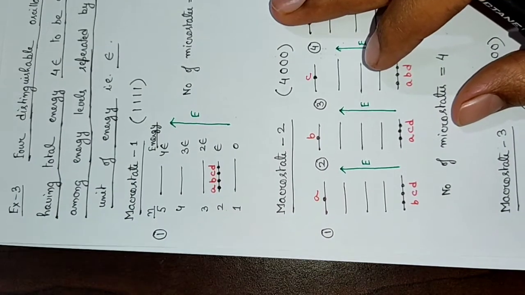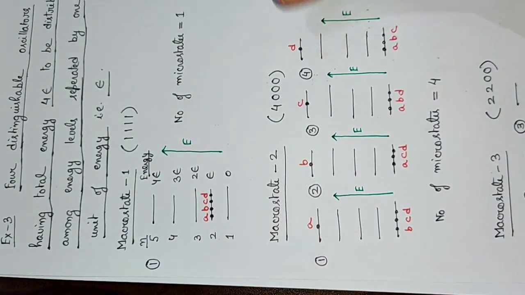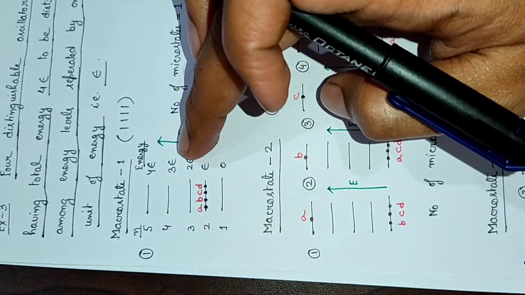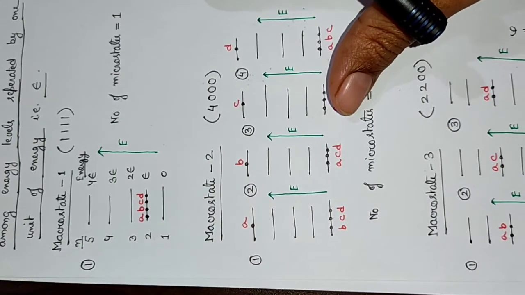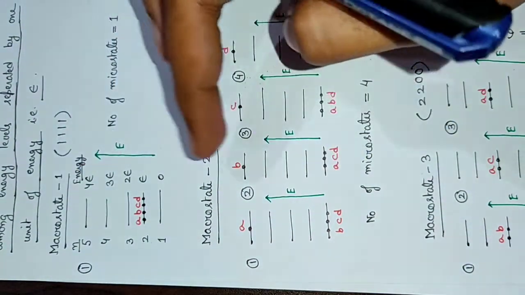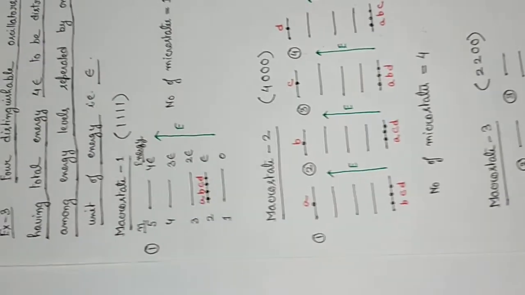Now for macrostate 1, what is happening? It is having only one microstate, so it is the least probable. Macrostate 1 has the least probability and macrostate 4 and 5 have the highest probability, and the probability increases from 1 to 2 to 3 to 4 to 5 in this way.